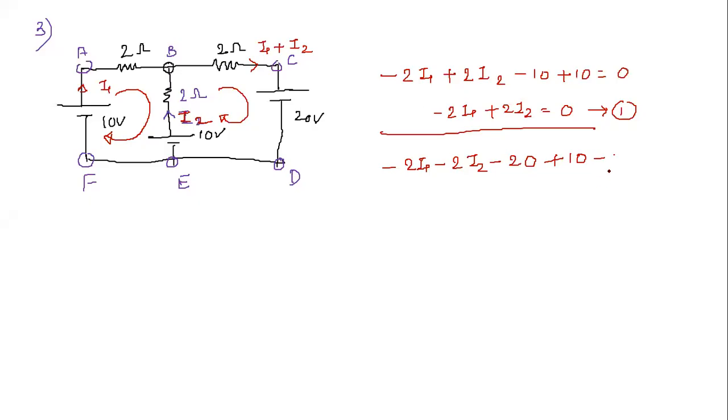Minus 20 plus 10 minus 2I2 is equal to 0. And when I solve, this is what I'm getting. So how will you solve this one now?